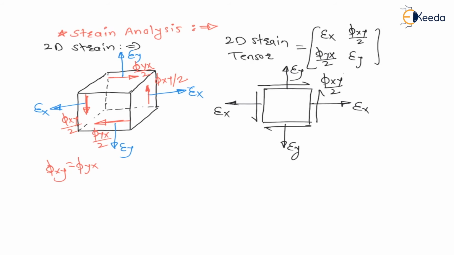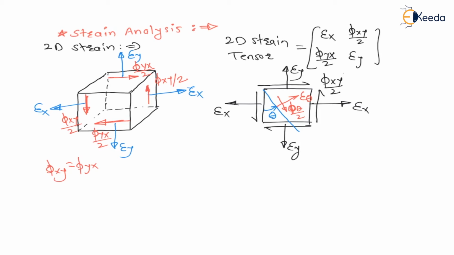Now for such loading, if I consider any inclined plane inclined at angle theta with respect to vertical in anticlockwise direction, on this plane there will be one normal strain E theta and one shear strain phi theta by 2. Instead of tau theta we have to write phi by 2.